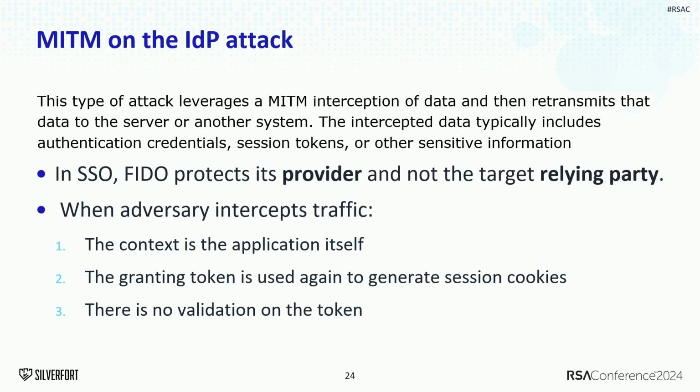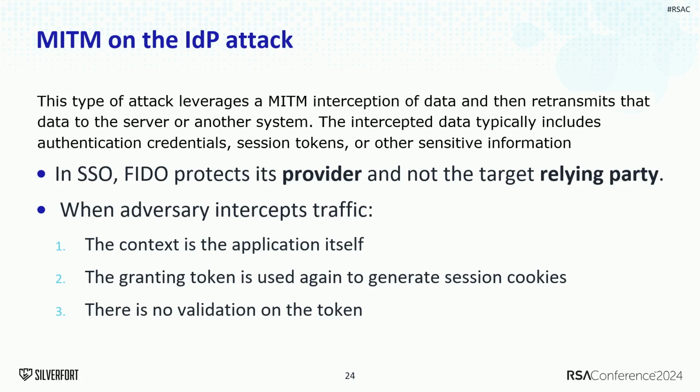So, man in the middle on the IDP attack. This type of attack leverages man-in-the-middle interception of data and retransmits data to the server or other system. The data we are looking for is the session token itself, created by the identity provider.